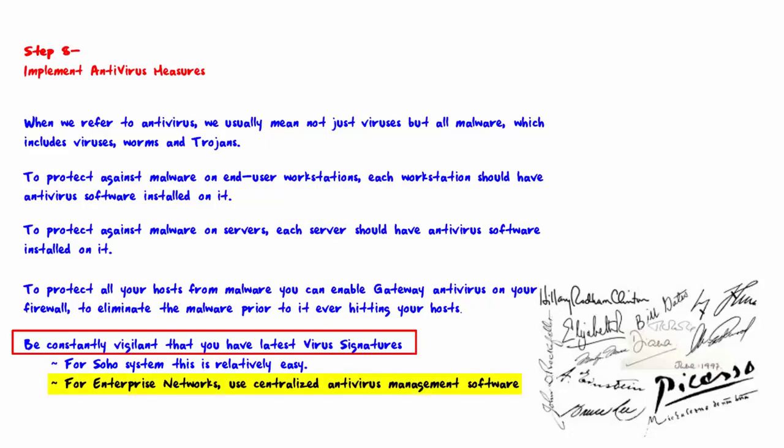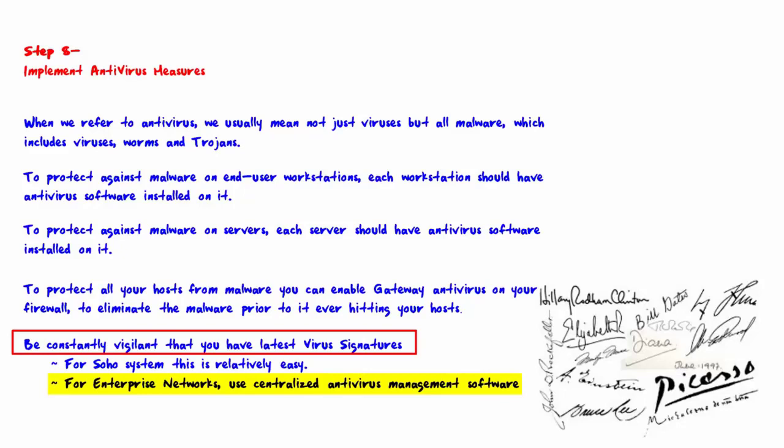For enterprise networks, use centralized antivirus management software. What if it is your job to protect a large corporation with a couple of thousand workstations? How can you make sure that all the workstations have antivirus installed on them, and in addition, that they have the latest signatures?